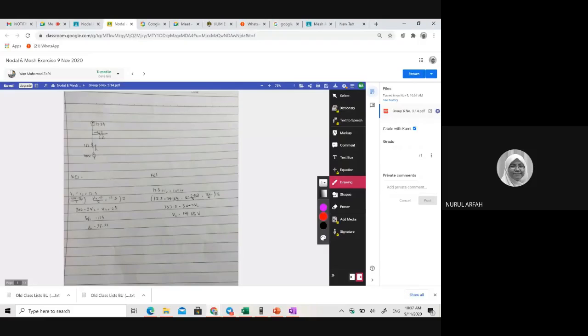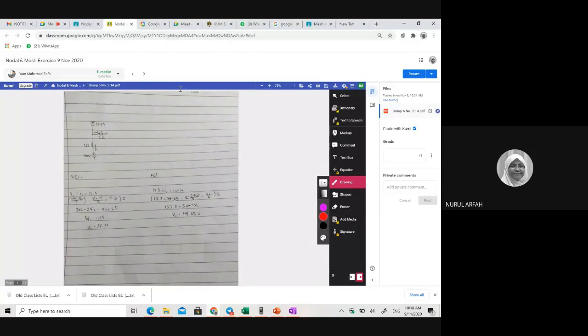The mark for figure is like 1.5 marks. So if you don't show me a proper figure, I cannot give those marks. So please do not forget to draw the figure.